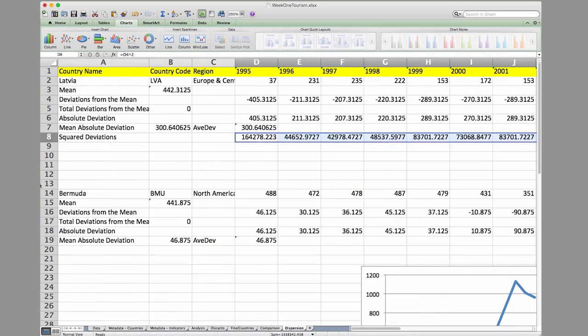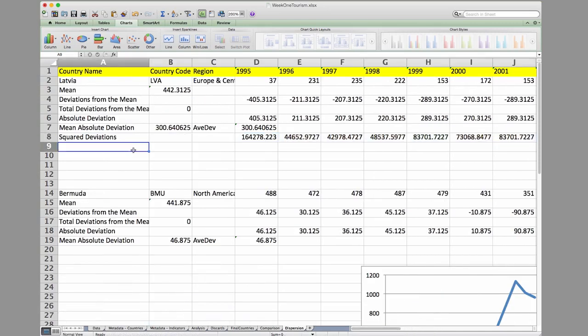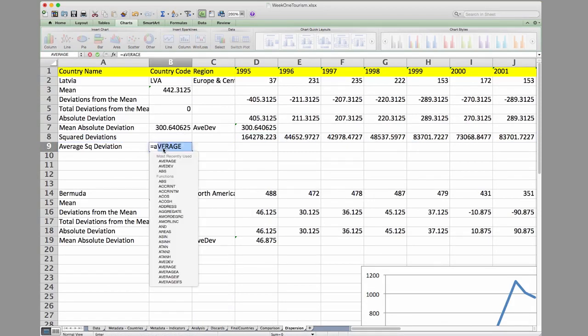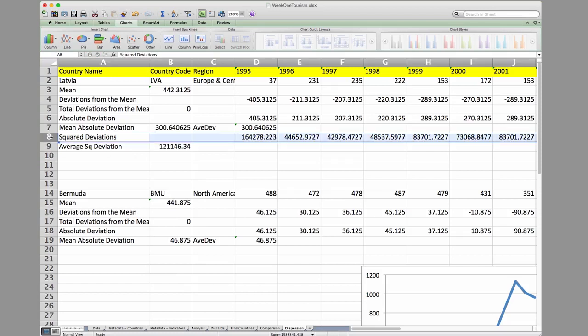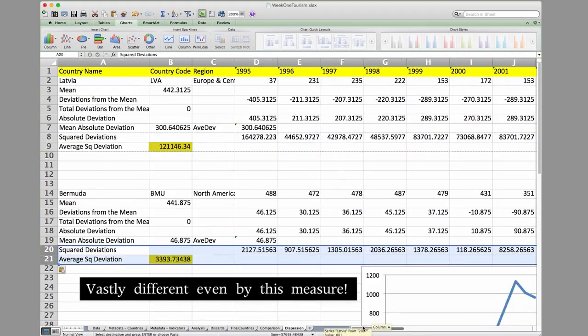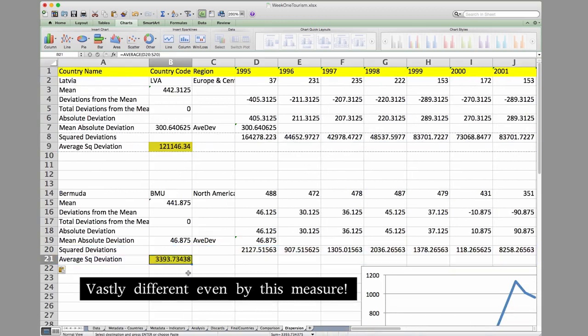These are my squared deviations, and if I were to average my squared deviations, I get the average of whatever is in the 8th row as D8 through S8. I will now copy both of these rows onto Bermuda and I get a different average squared deviation.